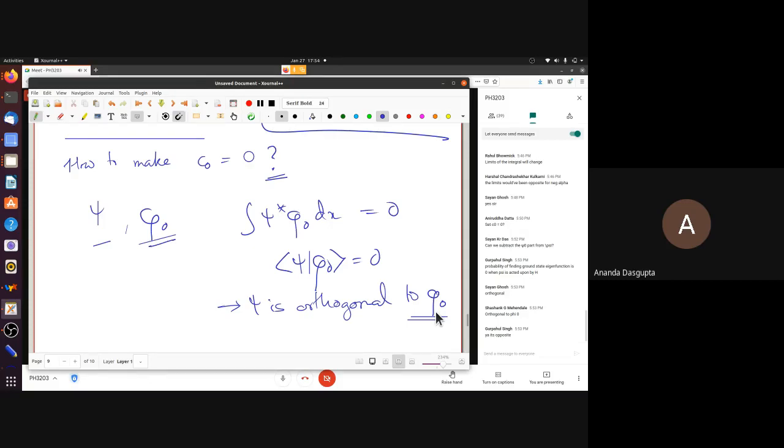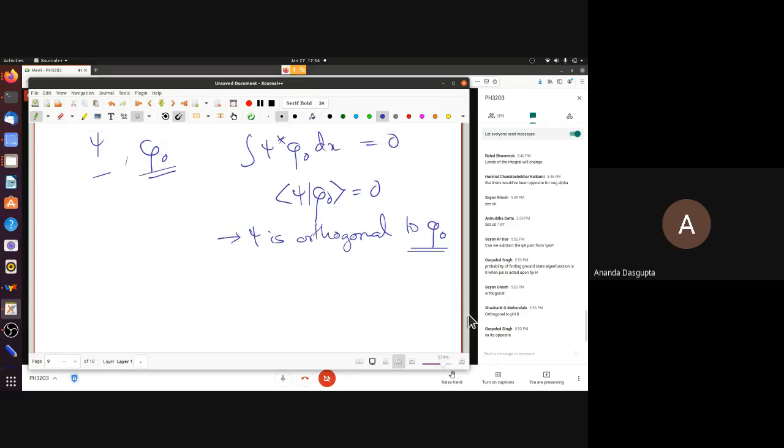You just put that as an additional condition, perhaps. Integral of psi star phi 0 dx is 0. So you solve the problem subject to this particular constraint, that the integral of psi star phi 0 is 0. Okay? Clear?